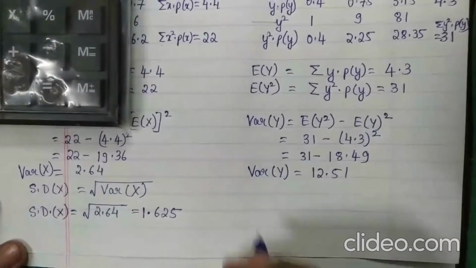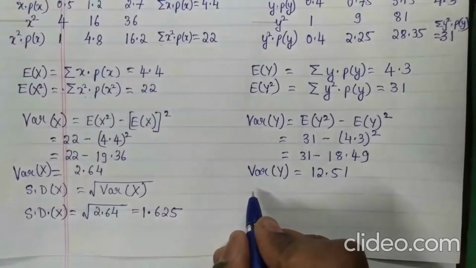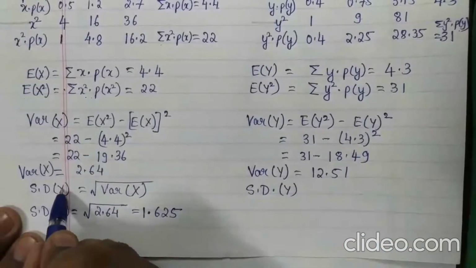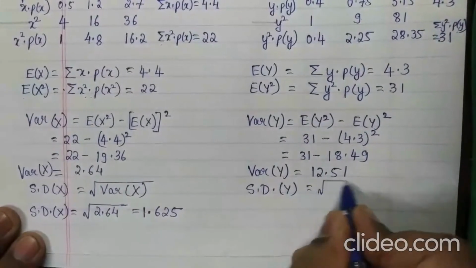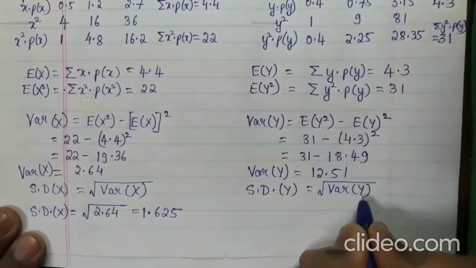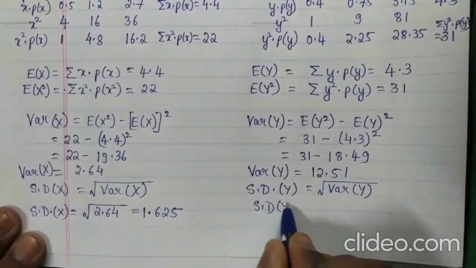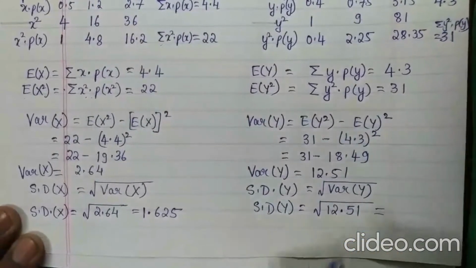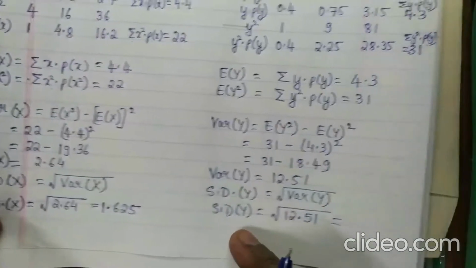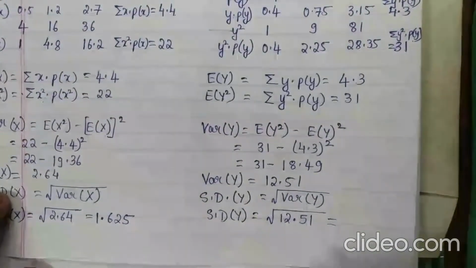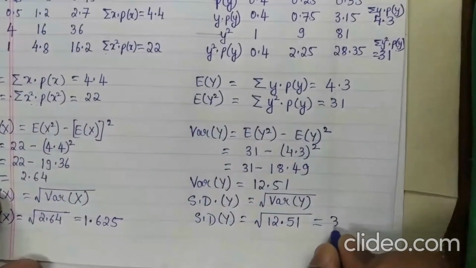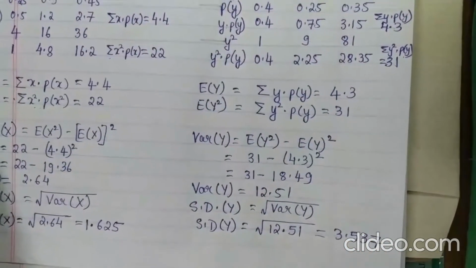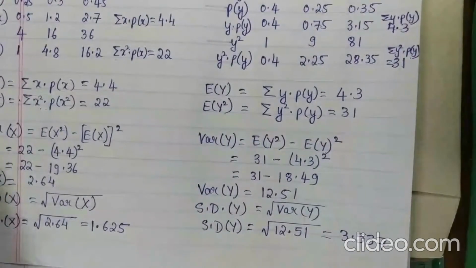Now find out SD of y. SD of y is equal to square root of variance of y, which is square root of 12.51, which is equal to 3.537. So SD of y is 3.537.